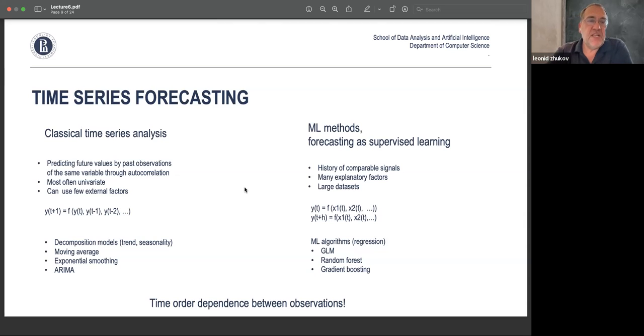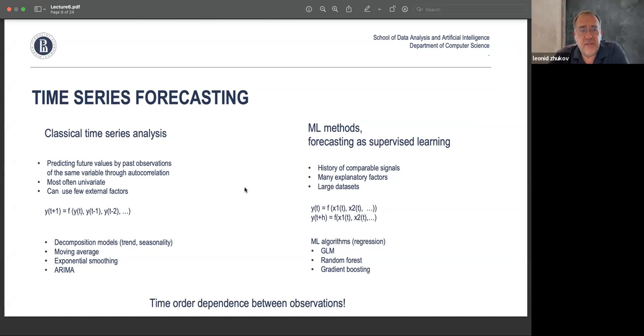Now, there are two ways to approach time series forecasting. First of all, time series forecasting is an extremely important business task. And of course, there are a lot of statistical, old school classical techniques on how to do forecasting within time series. They are based on patterns, and those patterns are based on correlation or autocorrelation, which is the way the signal is correlated with itself, with the values in the past.